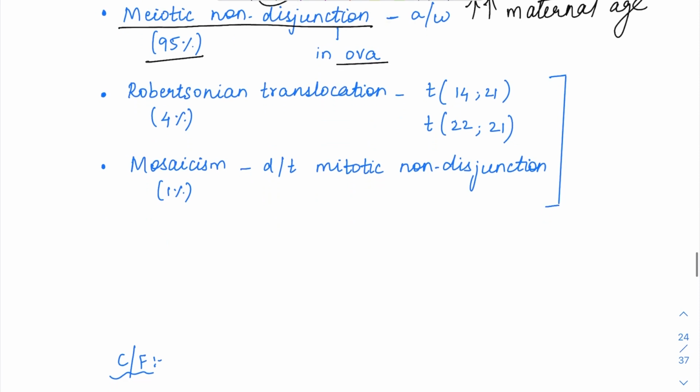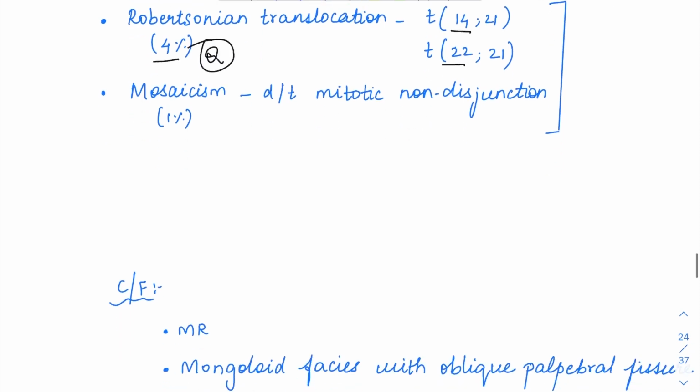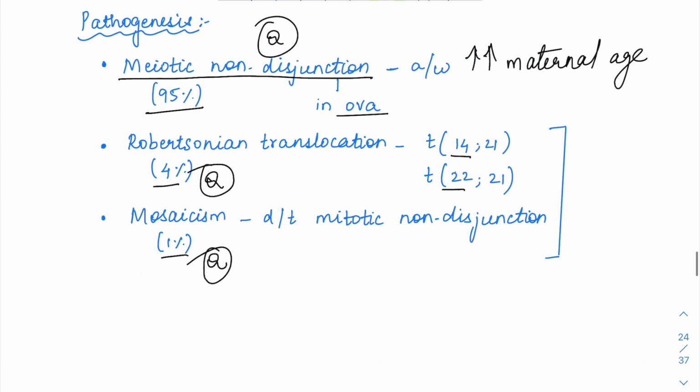The rest 4% is contributed by Robertsonian translocation between chromosome 21 and 14, or between chromosome 21 and 22. So with other acrocentric chromosomes like 14 and 22, chromosome 21 can have Robertsonian translocation, accounting for 4%. The rest 1% is mosaicism, resulting from mitotic non-disjunction.